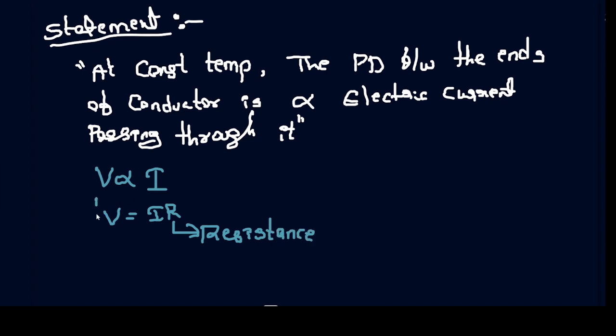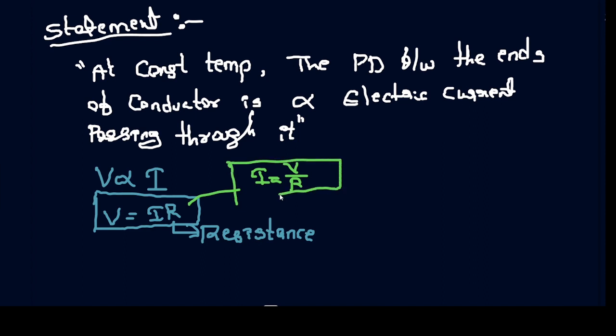The relation between potential difference and current is I equals V by R. I can write either V equals IR, or I equals V by R, just bringing R to the other side, and also R equals V by I. These are all the ways to express Ohm's law.